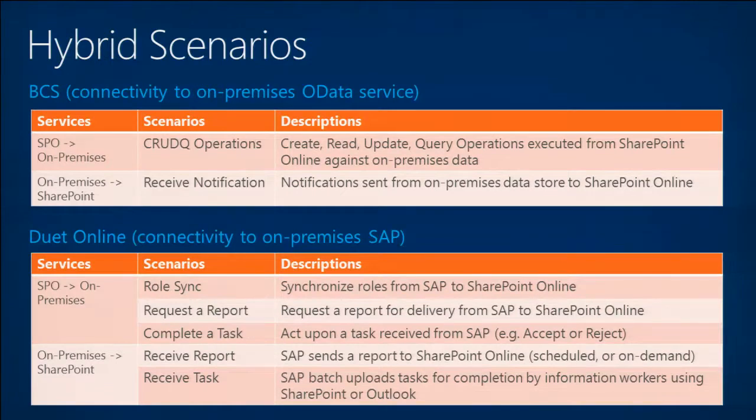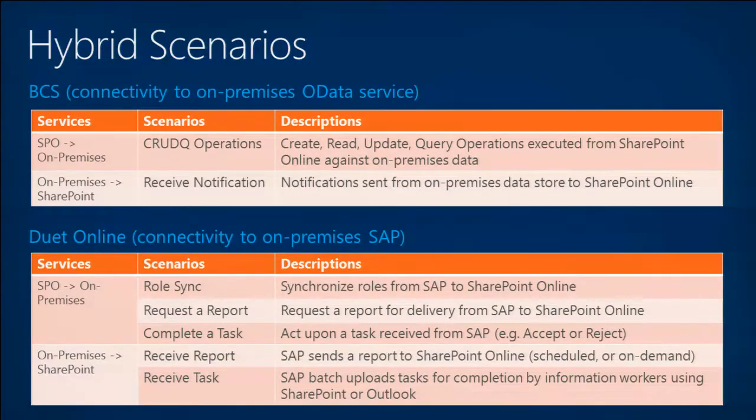And then beyond that, we'll also talk about a few other scenarios, such as taking a report from an on-premises system and delivering that into SharePoint Online, taking a task and using that to trigger off a workflow in SharePoint Online, and finally, about taking roles that are sitting in SAP and are then sent across to SharePoint Online as synced to SharePoint Online, and then you can use those roles inside SPO to basically set permissions on securable content and securable objects.